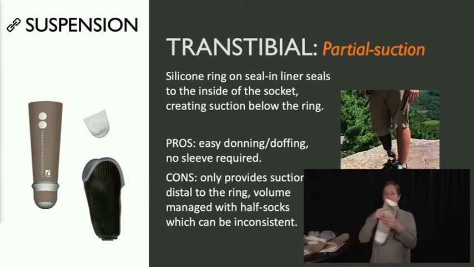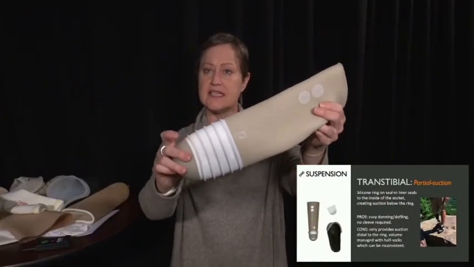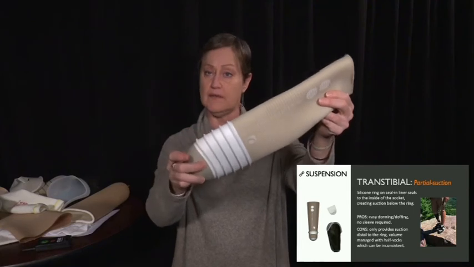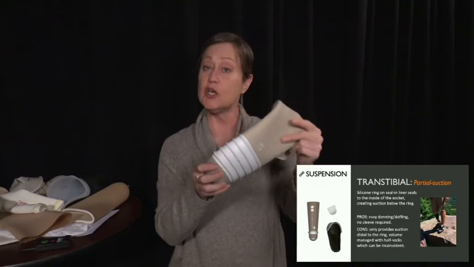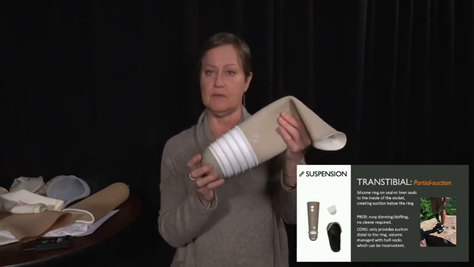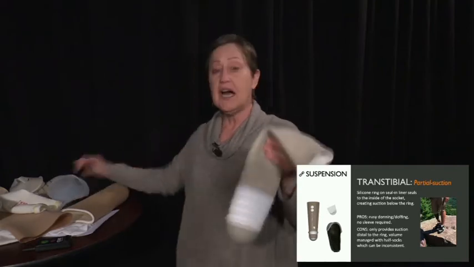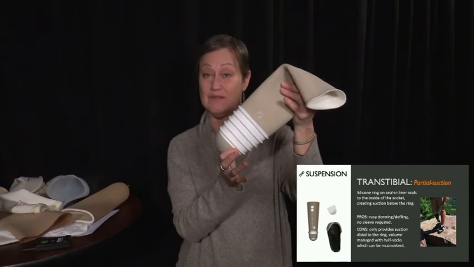So there are different kinds of suction liners. So this one has a series of rings on it that are incorporated into the liner. And the concept here, you still have a one-way valve, just like you have with the full suction, but you only have suction from the bottom ring down on the bottom section, right?